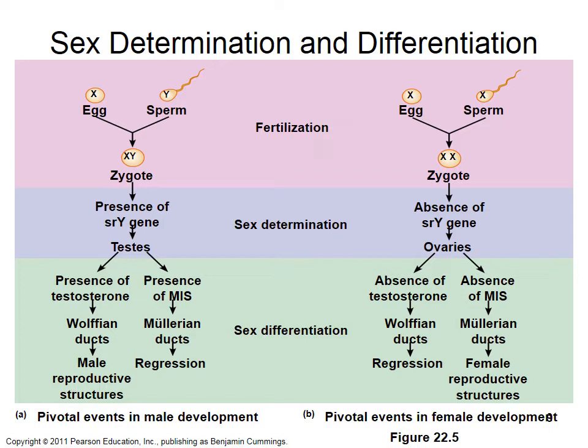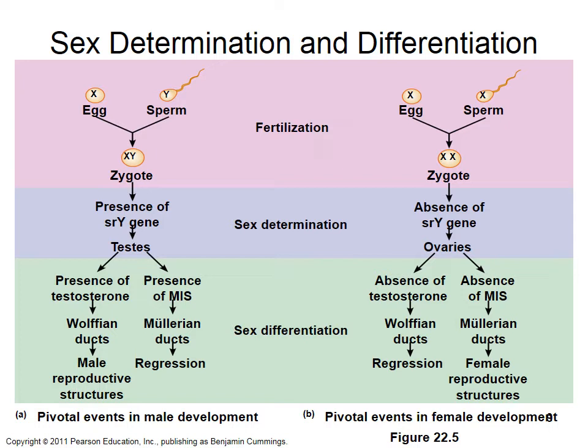Okay, so you have to have testosterone production start to increase, and then the Wolffian ducts will turn into the male reproductive tract. The Y chromosome also causes the production of Mullerian inhibiting substance. That's what the MIS is. And that causes those Mullerian ducts to regress.